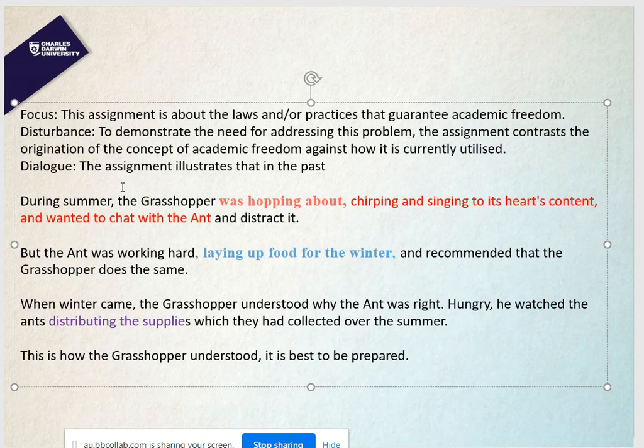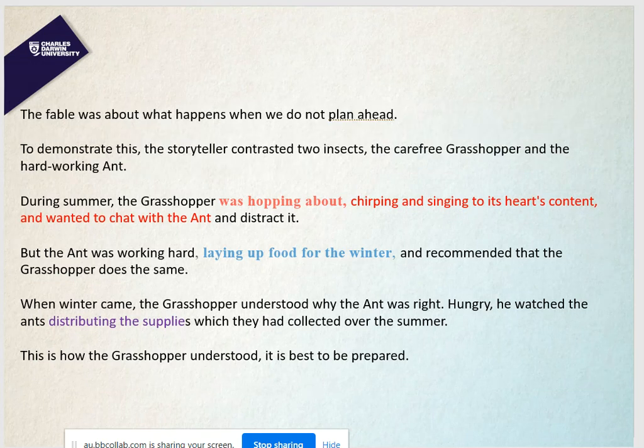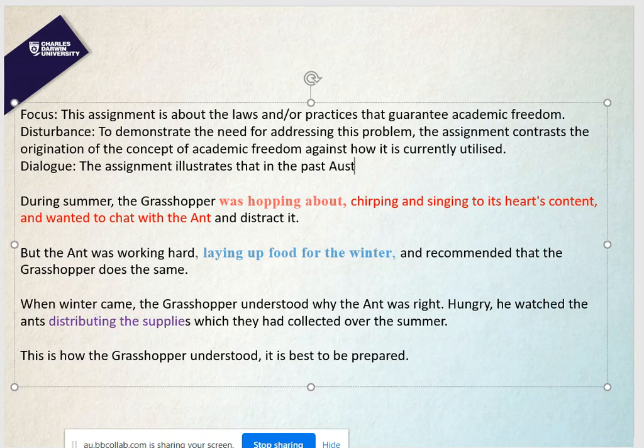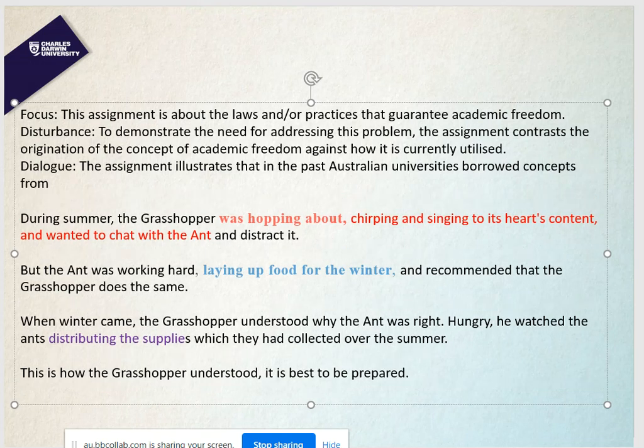The assignment illustrates that in the past, Australian universities borrowed concepts from the United States and applied them into their own working model of what the purpose of the university was.